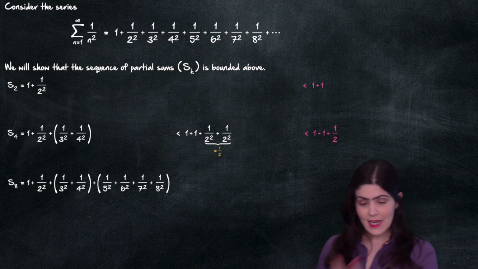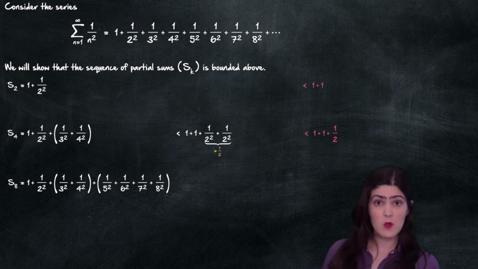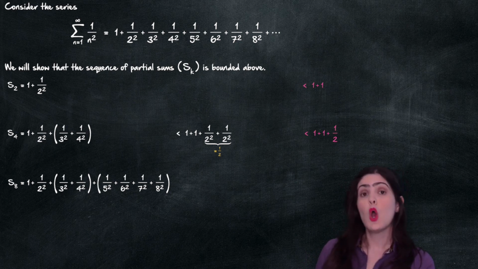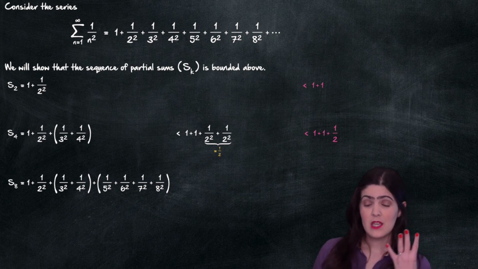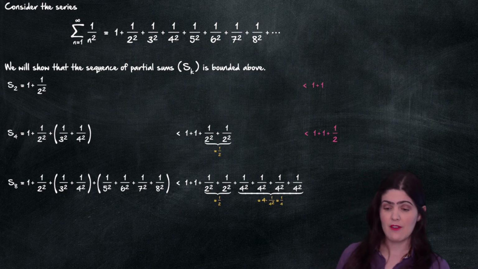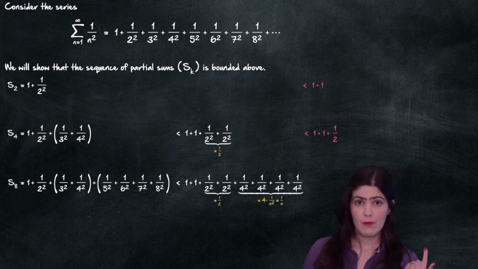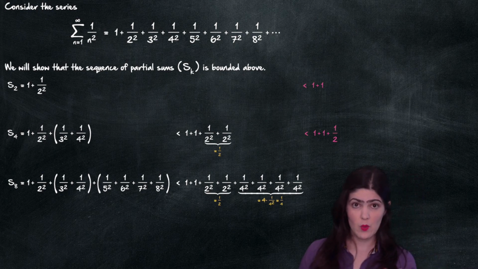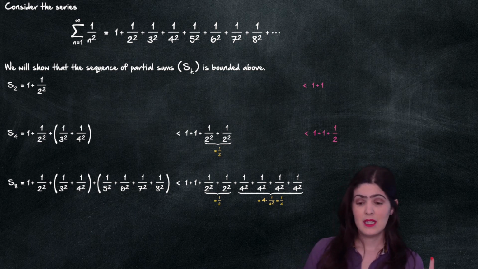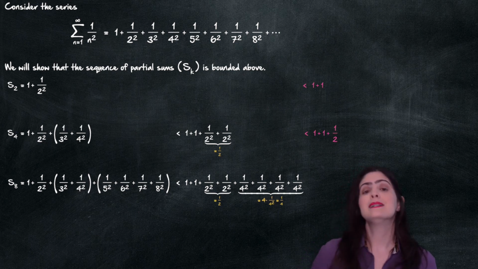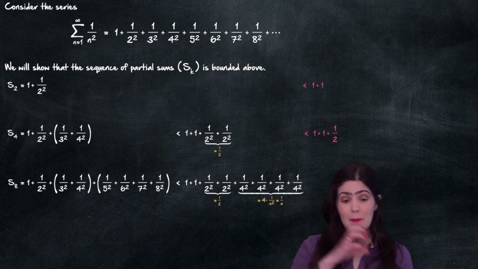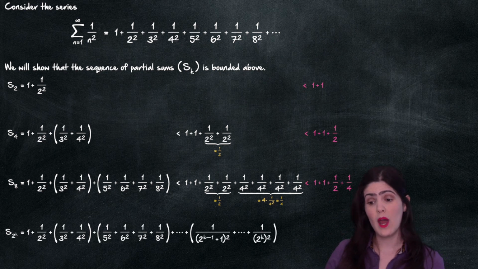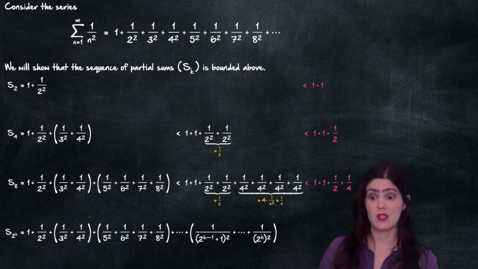But now in the second parenthesis, each one of those terms is less than 1 over 4 squared, and we have 4 of them. So we end up with 1 plus 1 plus 1 over 2 squared plus 1 over 2 squared, which is 1/2, and then 4 times 1 over 4 squared, which gives us 1 over 4. So we can bound this partial sum by 1 plus 1 plus 1/2 plus 1/4.